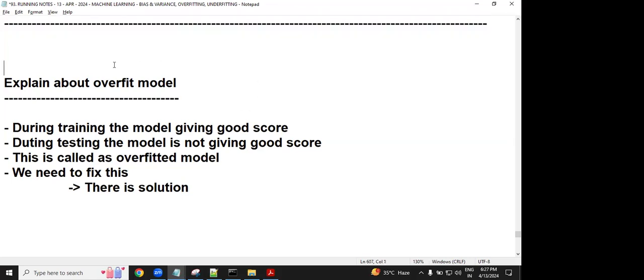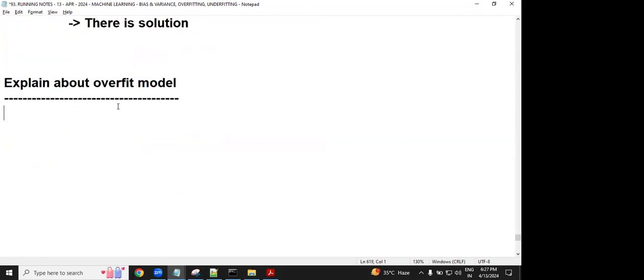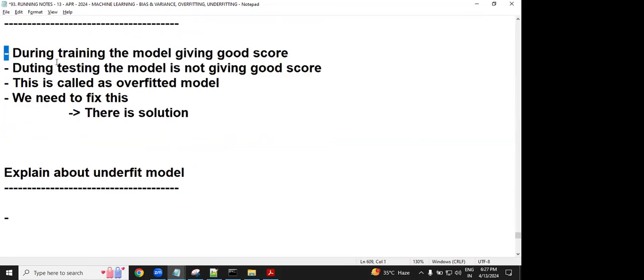Now explain about the underfit model. Same thing.